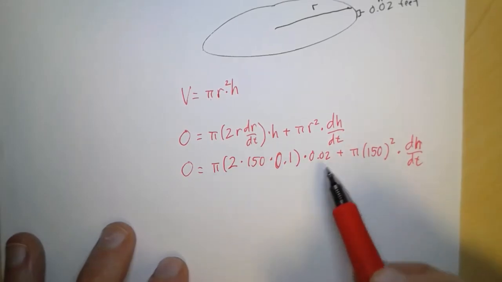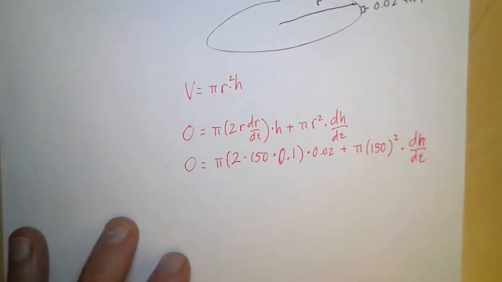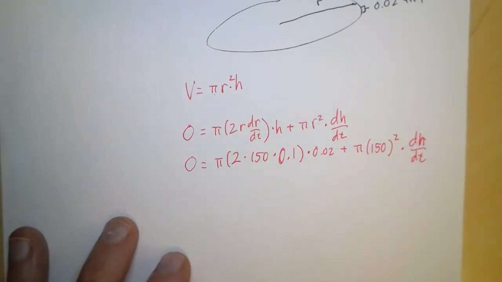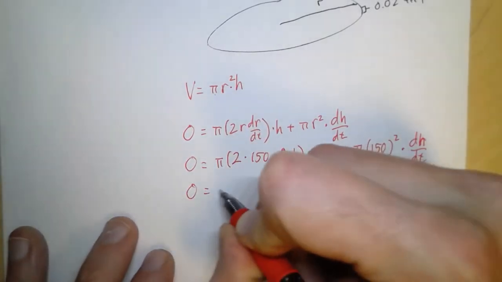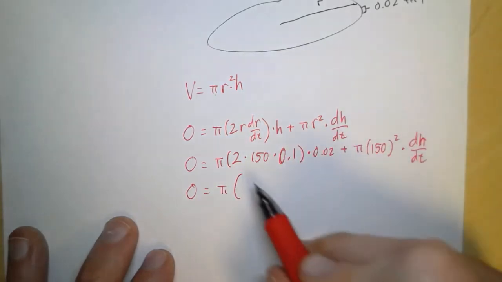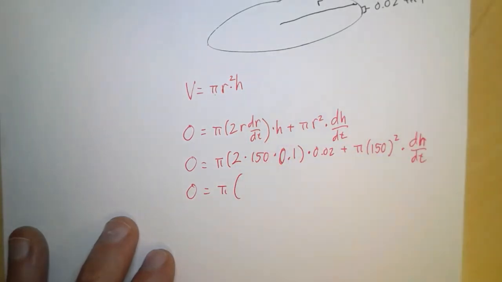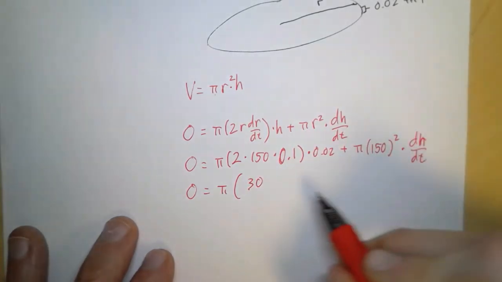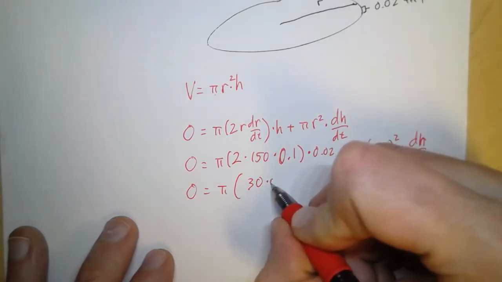So one thing we can do to make this a little bit easier on ourselves is to note that, hey, we've got a pi in both of these. We can factor that out. And so we have 2 times 150 times 0.1. And that will be a nice whole number of 30. Whoops, forgot the 0.02 out front.